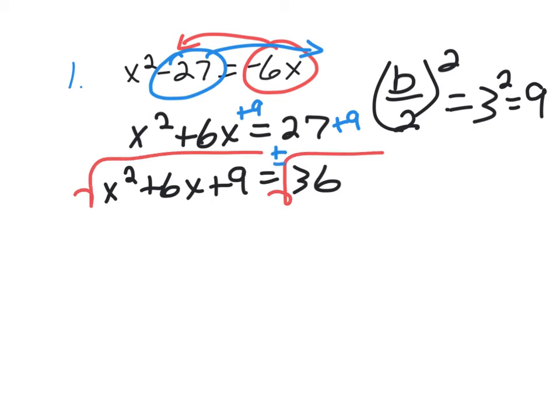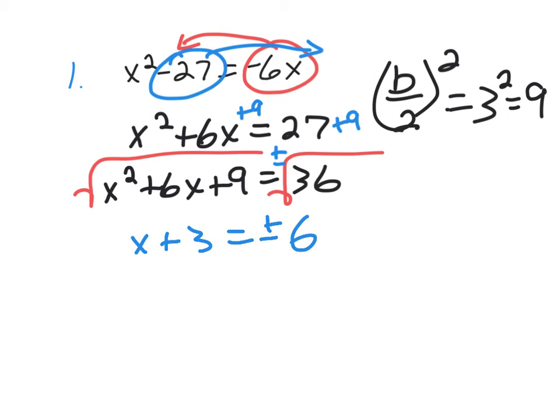Well, the square root of the left side is using the half of b, which was 3. So that's just x plus 3 equals plus or minus the square root of 36, which is 6.